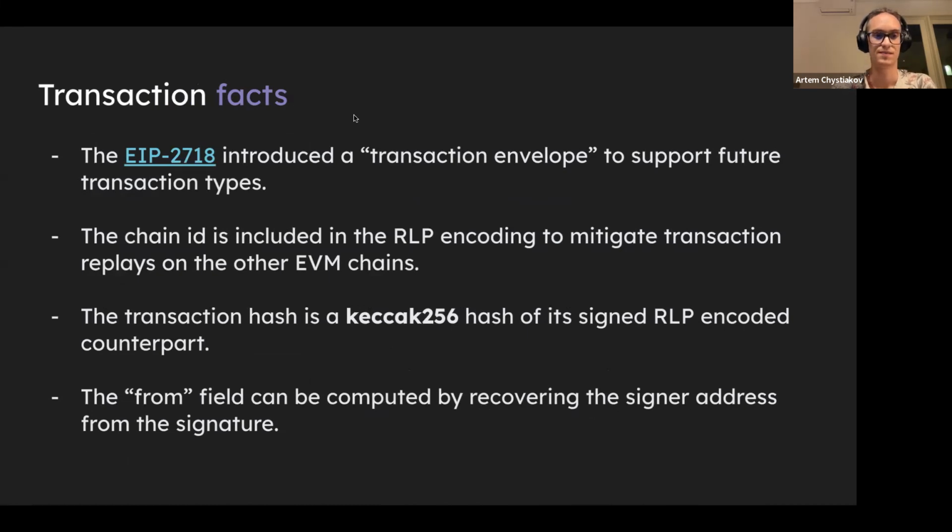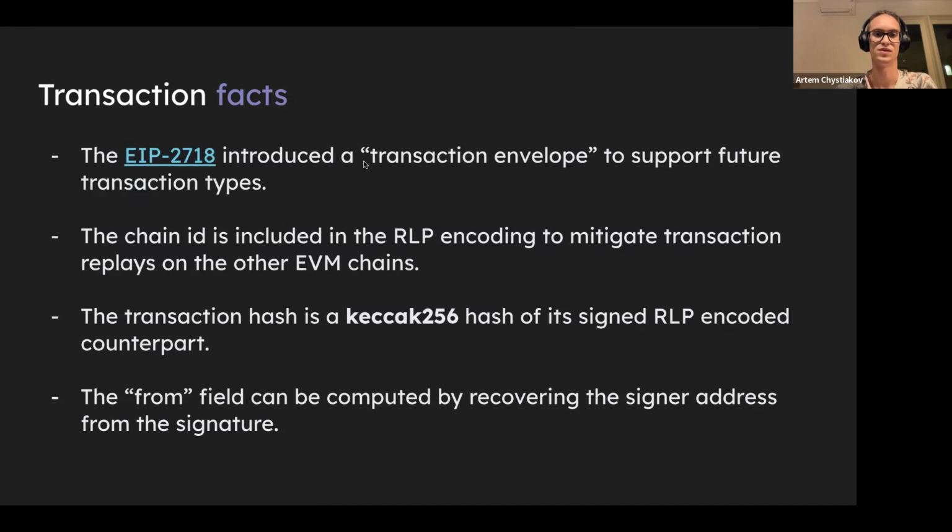Several transaction facts. First one: EIP-1559 introduced a transaction envelope to support future transaction types. This EIP was a part of the London hard fork, and it introduced a special envelope that enables users to specify which type of transaction they are sending.